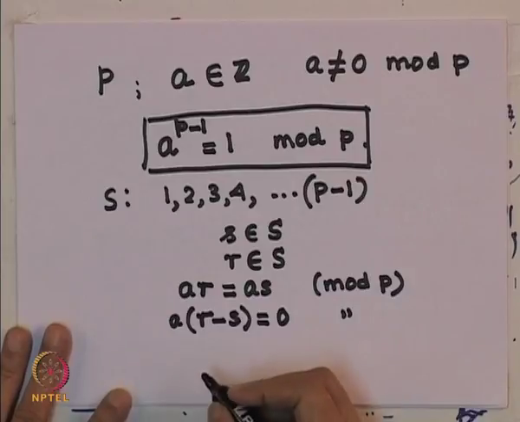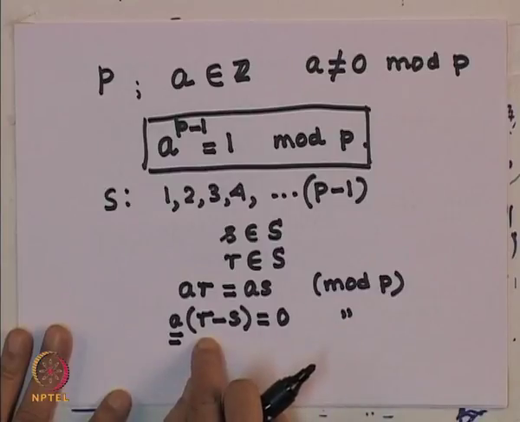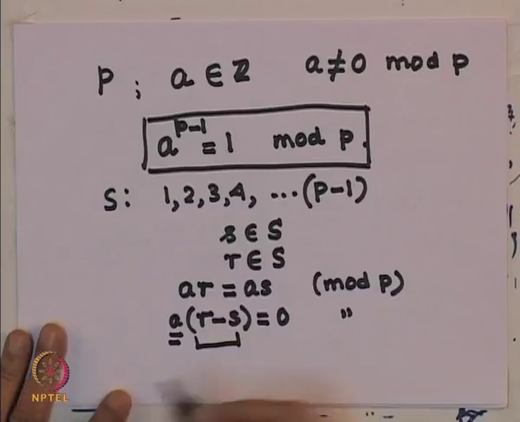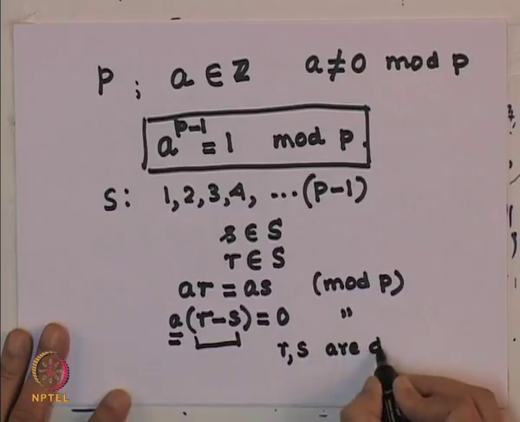But we have already started by saying a is not divisible by p. So if a is not divisible by p, it means r minus s is divisible by p.